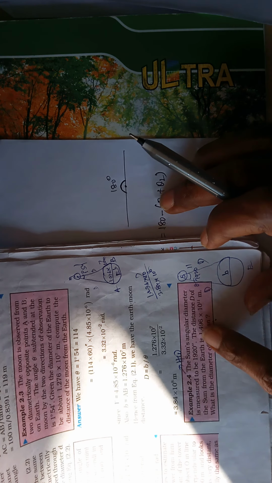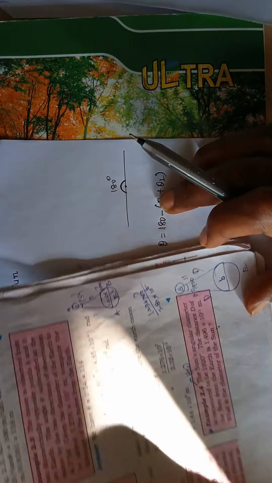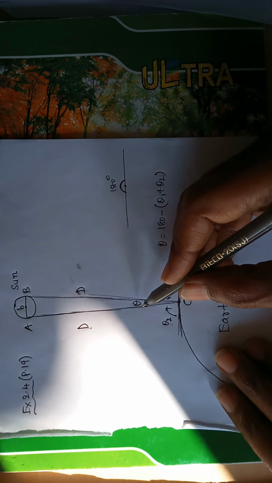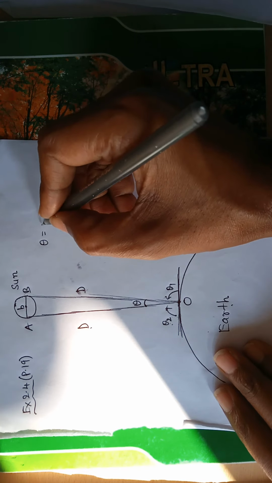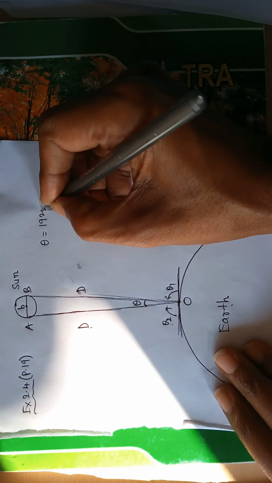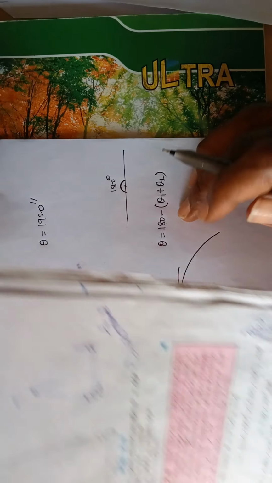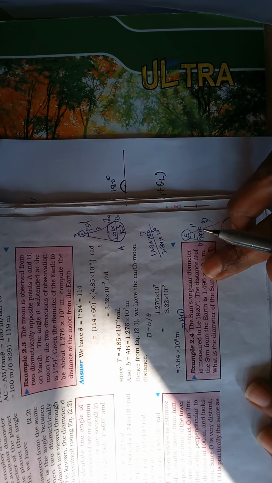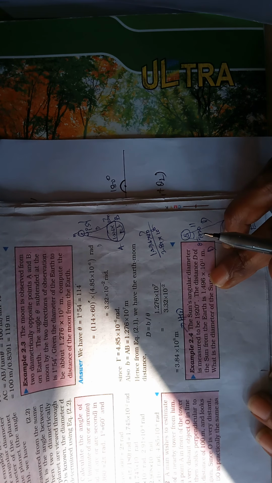The sun's angular diameter is measured to be 1920 seconds. Angular diameter is given. Theta is equal to 1920 seconds. The distance capital D of the sun from the earth is 1.496 into 10 power 11.